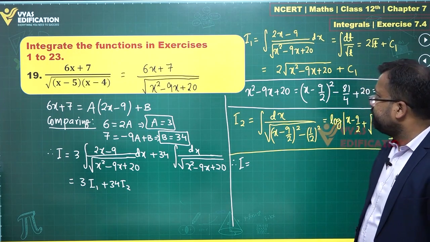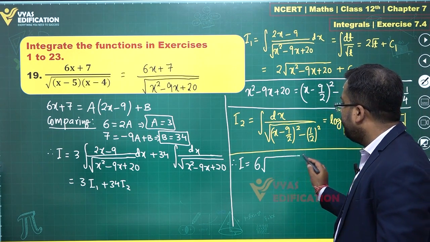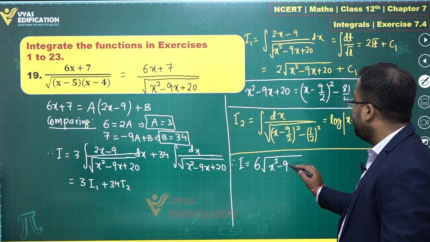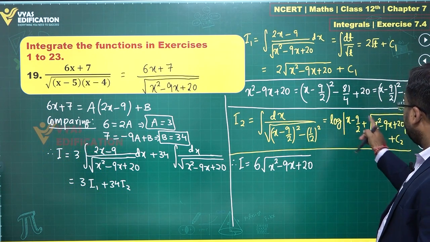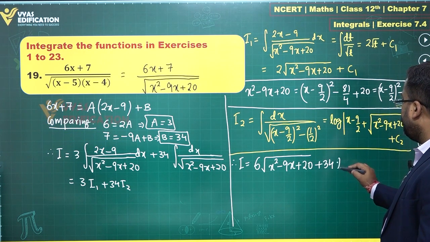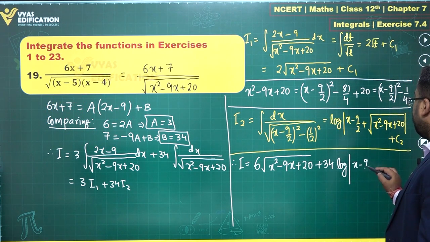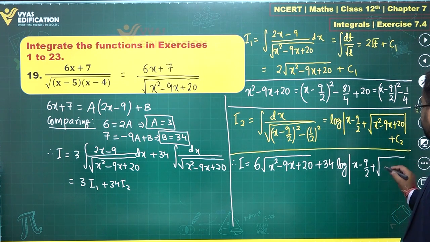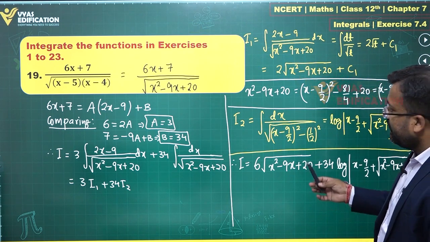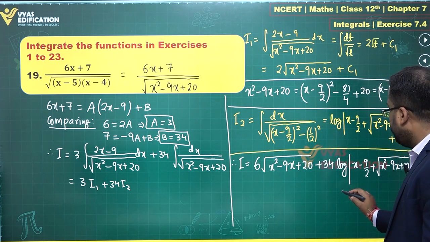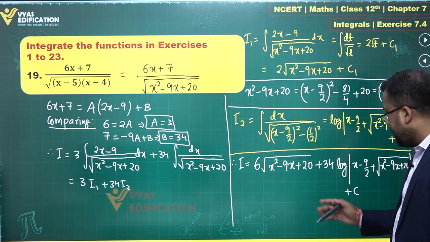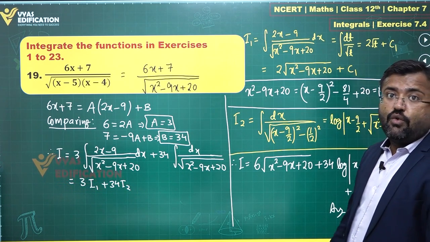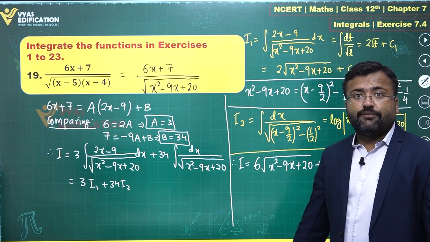This is equal to 3 times I1, 3 times this, which becomes 6 times under root of x square minus 9x plus 20, okay, and plus 34 times I2, 34 times log of modulus x minus 9 by 2 plus under root of this whole expression, which is x square minus 9x plus 20, the modulus along with that, and I1 has constant C1, I2 has constant C2, they will combine together to give C. That's what we have, right? 3C1, 34C2 will combine together to give this C, and that's the final answer for this 19th question, as we can see over here. That's all? Yes, that's all in this 19th question.